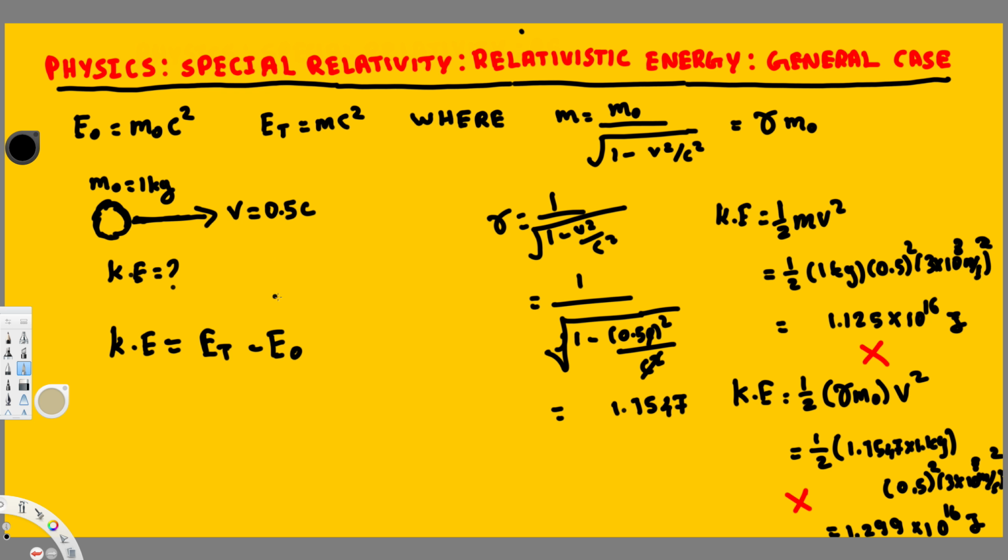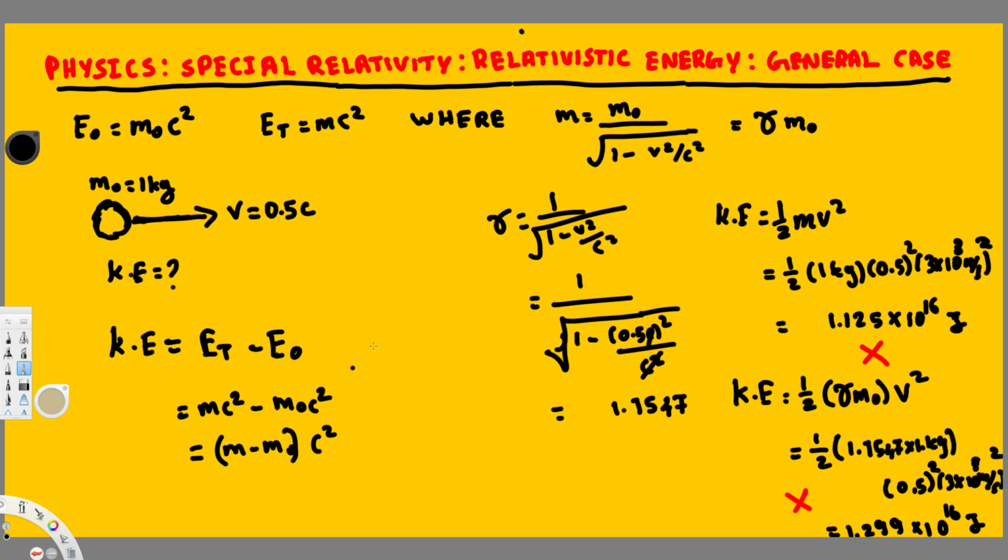Now let's go ahead and plug in these values and see what we get. First of all, we have E total, that's mc squared, minus E naught rest energy, that's m naught c squared. Here we can take c squared common, so this is going to be (m minus m naught) times c squared, right?